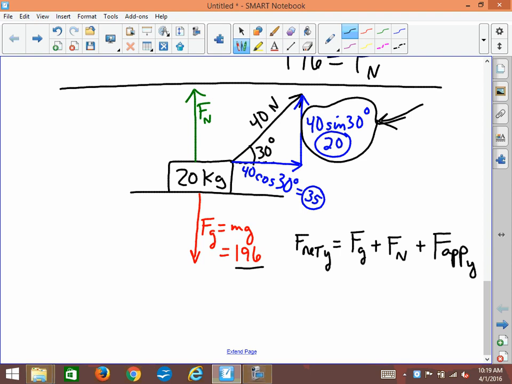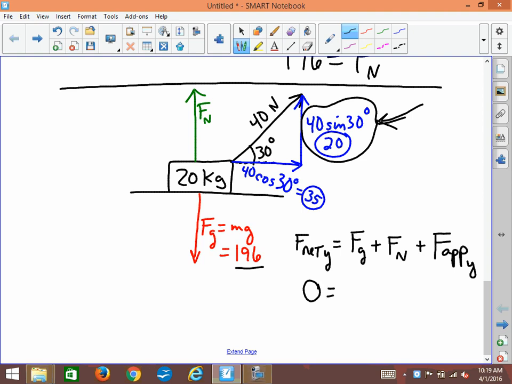And of course, the ground isn't going to give extra force. The ground is only going to push as much as it has to. So you could never lift something unless you are applying a force, an applied force, that is bigger than its weight, 196. So I can still safely say that this block will not accelerate vertically, up or down, which means the net force vertically will be 0.